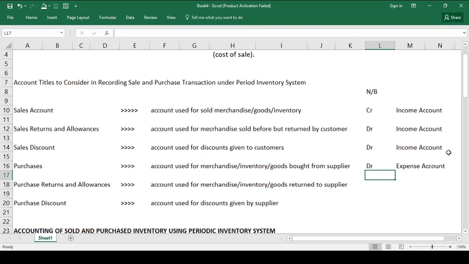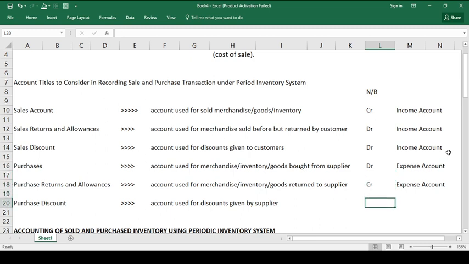Ibig sabihin, if we acquire inventory, goods, or merchandise from a particular supplier, then later on we identify that there were defects on that particular merchandise, we tend to return this to the supplier. Once we return it to the supplier and we are using the periodic inventory system, we will use the purchase returns and allowances account. This is an expense account. However, this is a contra expense account. That's why its normal balance is credit.